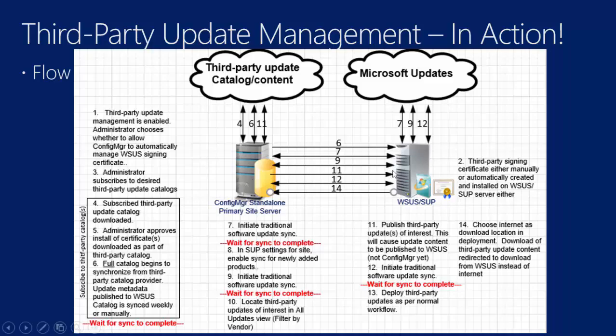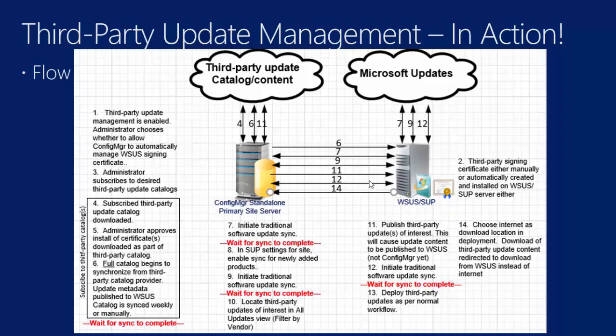And so after you do this, yeah, you need to initiate another software update sync so that ConfigMgr knows about it. So this step 11, there's a column, and we've talked about this already. There's a column in ConfigMgr called metadata, right, that you can choose, and you'll see me use in just a minute.